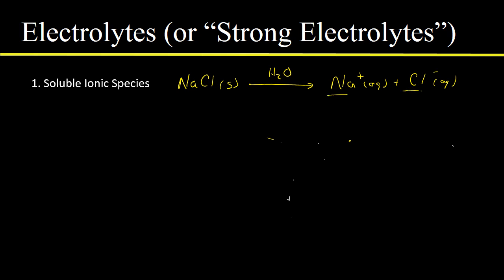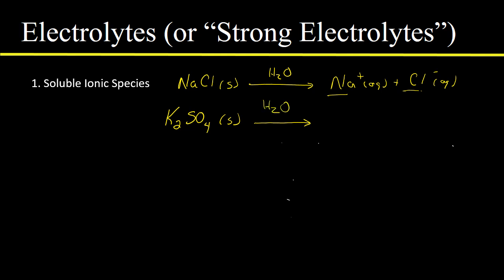Okay? But it's important to recognize that when they form these ions, the ions themselves don't break apart. Right? If you have a polyatomic ion, something like, let's say, potassium sulfate, that's also soluble.